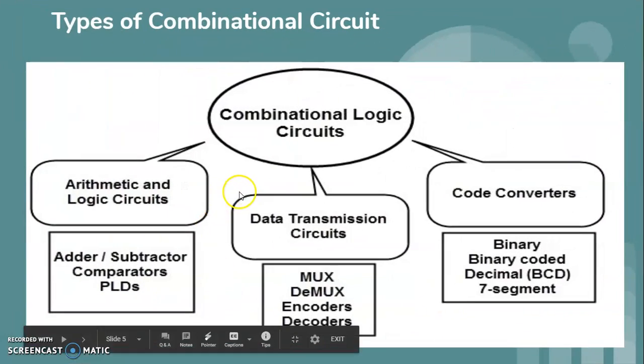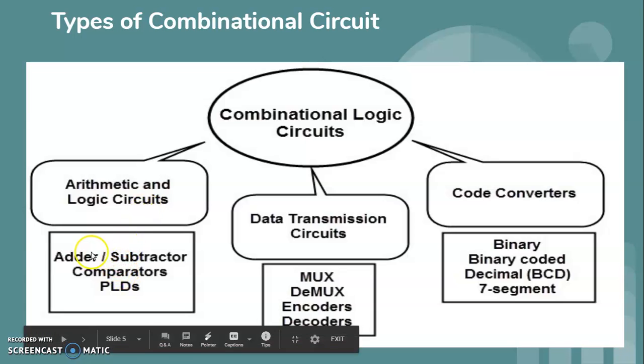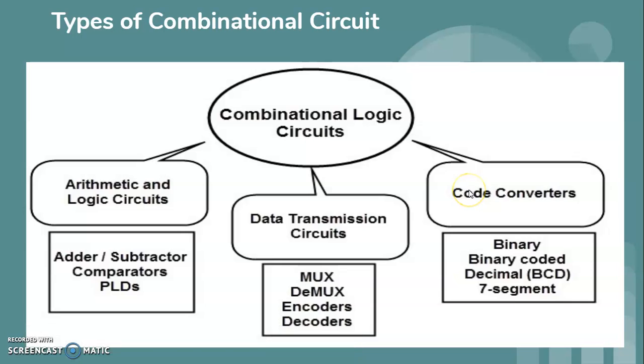Then there are different types of combinational circuit. Mainly there are three categories of combinational circuit. First one is arithmetic and logic circuit, whose examples are adder, subtractor, comparators, etc. Second category is data transmission circuit, where we have multiplexers, demultiplexers, encoders, decoders, etc. And the last type is code converters.